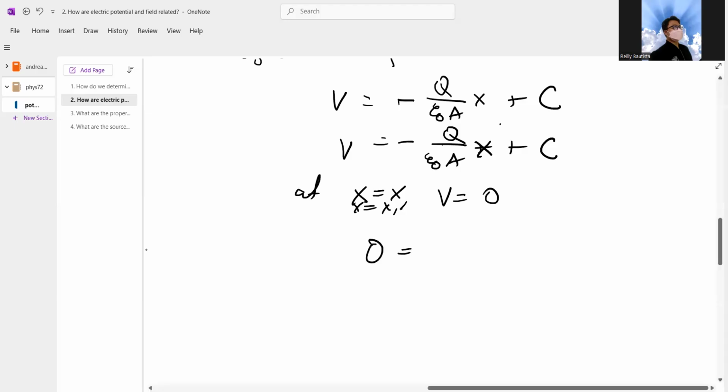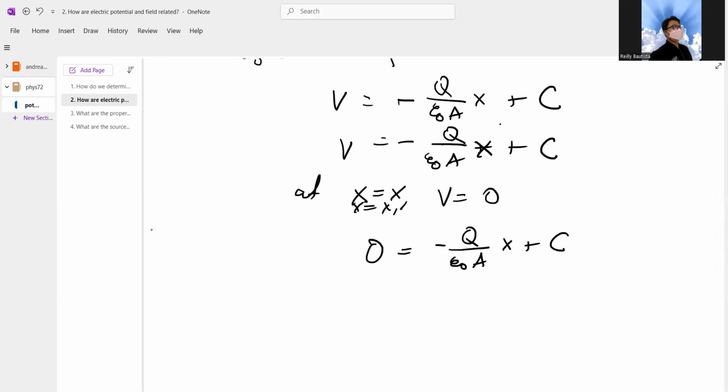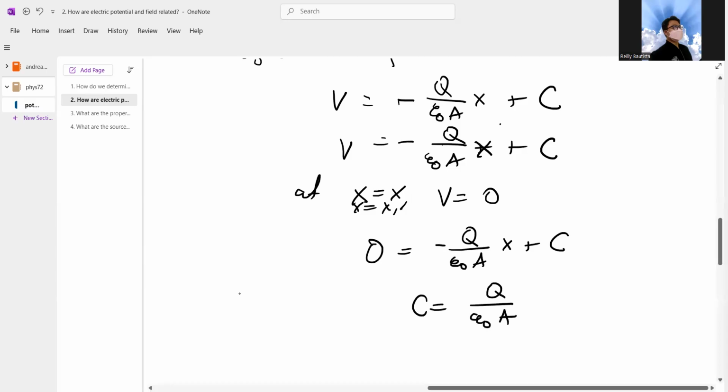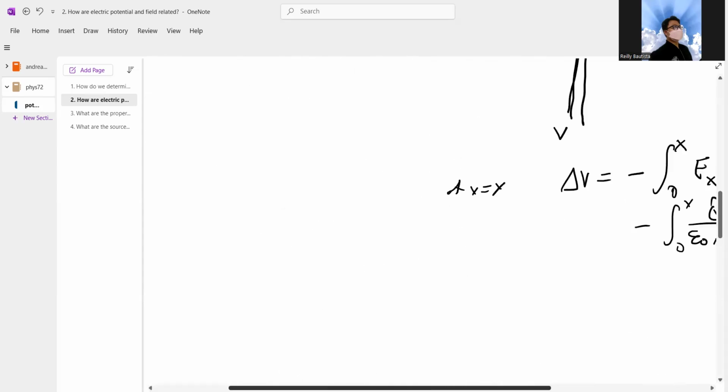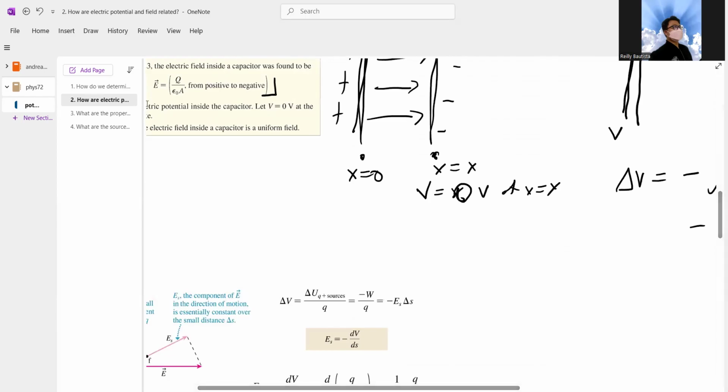So 0 equals negative q over epsilon naught A x plus C. For this to be true, C should be equal to positive q over epsilon naught A x, so they will cancel out. We'll define this x as d.